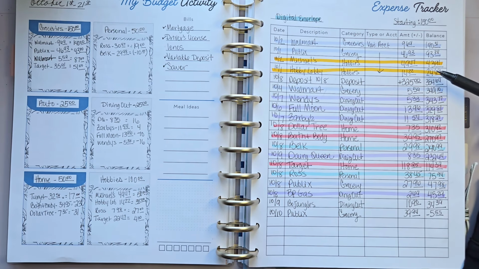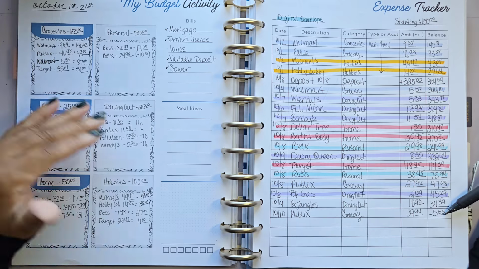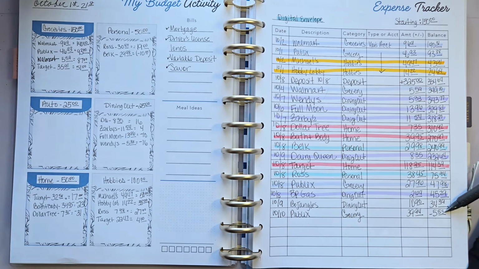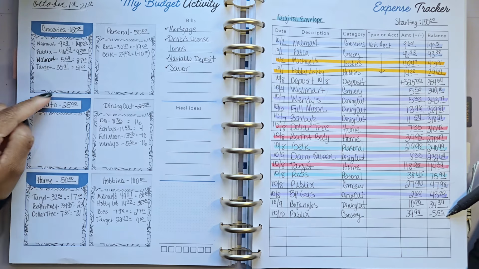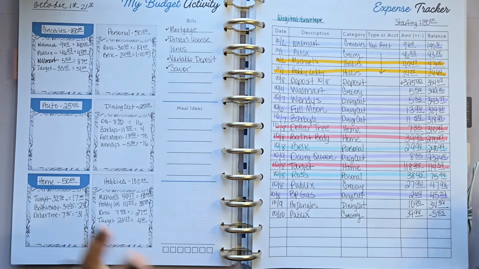So what is interesting is that because this is a digital envelope system, I just transferred that extra $10, which is what I ended up doing, into my variable checking account to cover that overage.